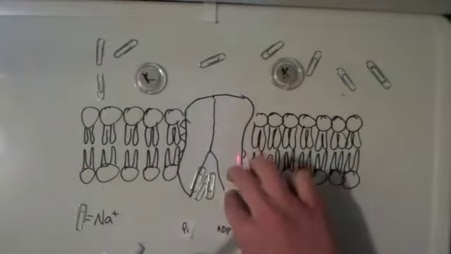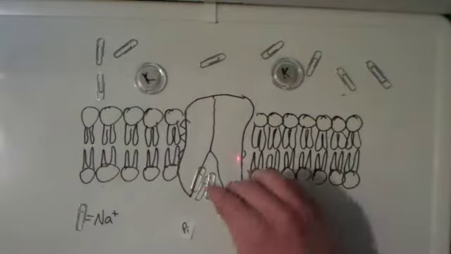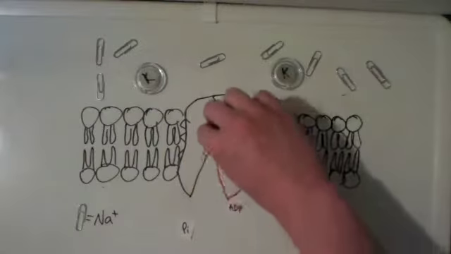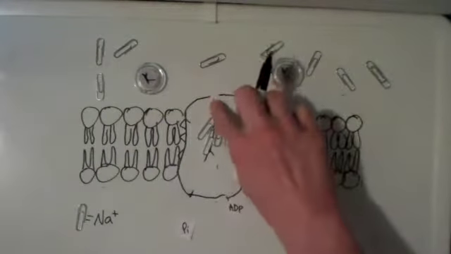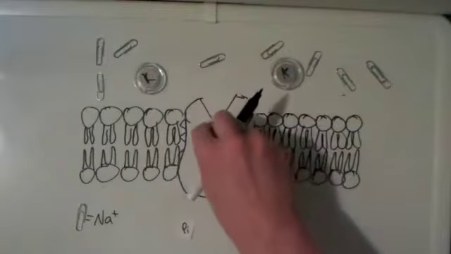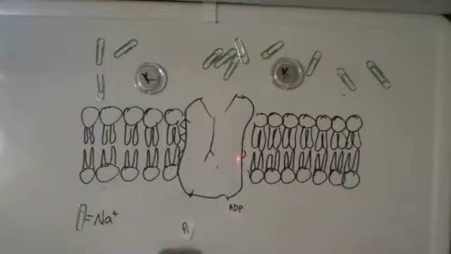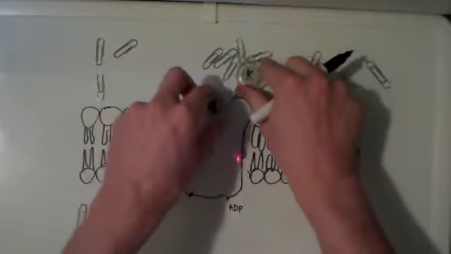It'll no longer be tri, it'll be diphosphate. And this phosphorylation is going to cause a conformation change where this little protein is going to close up, open up on the other side, and it's going to shoot these guys into here, and it's going to pick up this potassium.